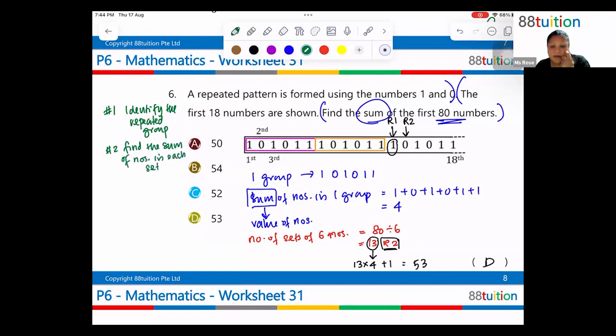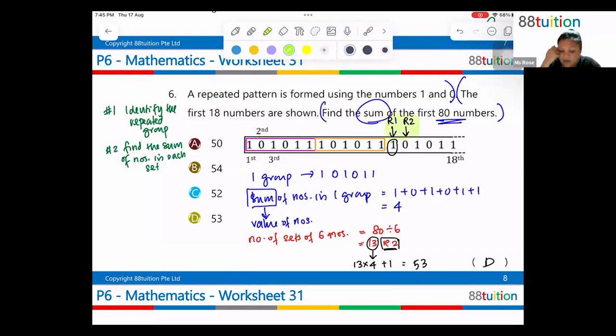Okay, all right. Take note, most of the time, they will give you a remainder. So we need to know what this remainder stands for. The remainder actually refers to the numbers that are not grouped.